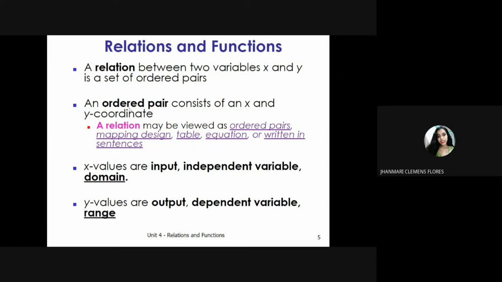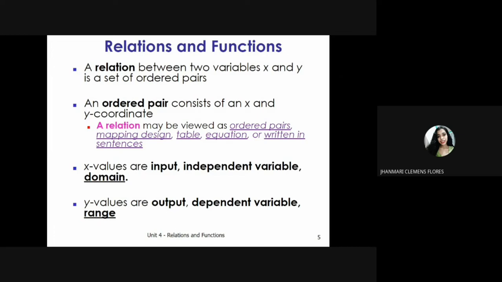Okay, so an ordered pair consists of an x and y coordinate. It is simply a number, then a comma: x, comma, y, in parentheses. There are many sets of these, and you've got ordered pairs.